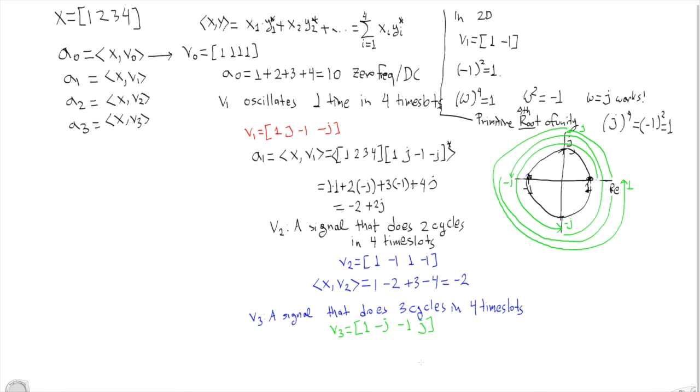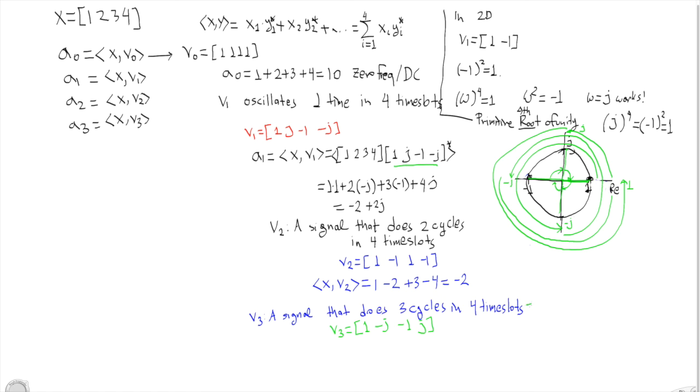Actually we have done 3 full cycles, but another way of thinking about it is that I'm starting from 1 and doing exactly what I was doing here, but going backwards. I start from 1, then I do a click backwards, so I'm in minus j, another click backwards, and I'm in minus 1, another click backwards, and I'm in j, and another click backwards, and I am in 1 again.